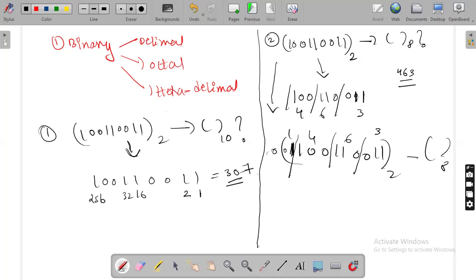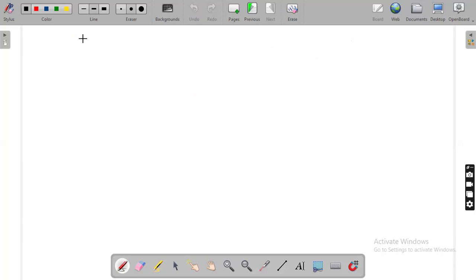Similarly, I'm writing one more example here. How to convert this given binary, 1, 2, 3, 4, 5, 6, 7, 8, 9, 10? This is the binary, and convert this binary into hexadecimal.